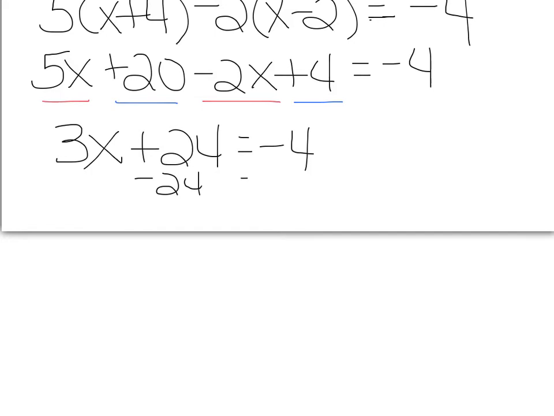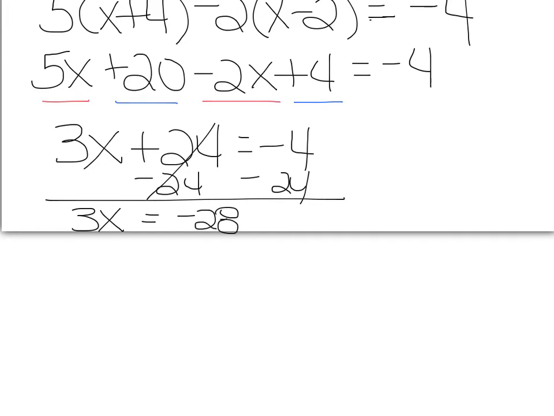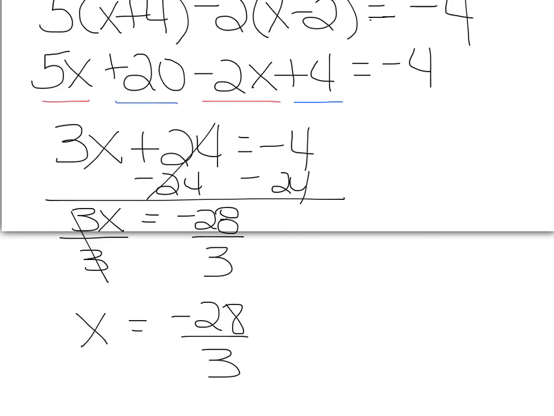Subtract 24 from both sides. You get 3x is equal to negative 28. Divide both sides by 3, and you get x is equal to negative 28 over 3.